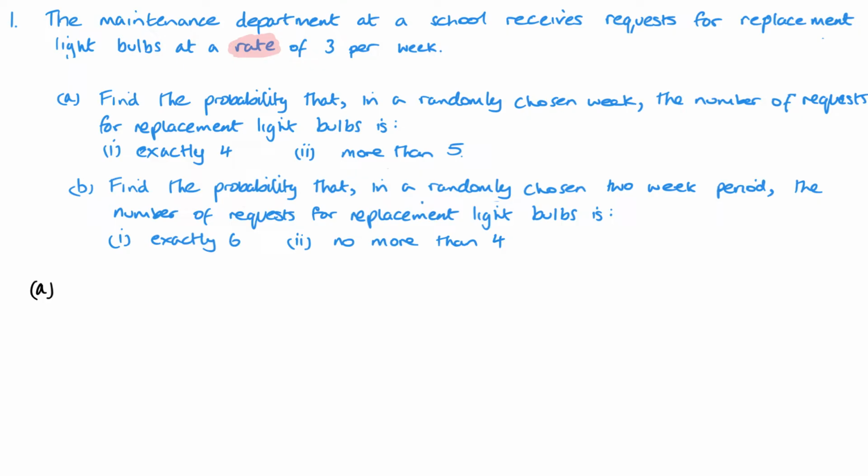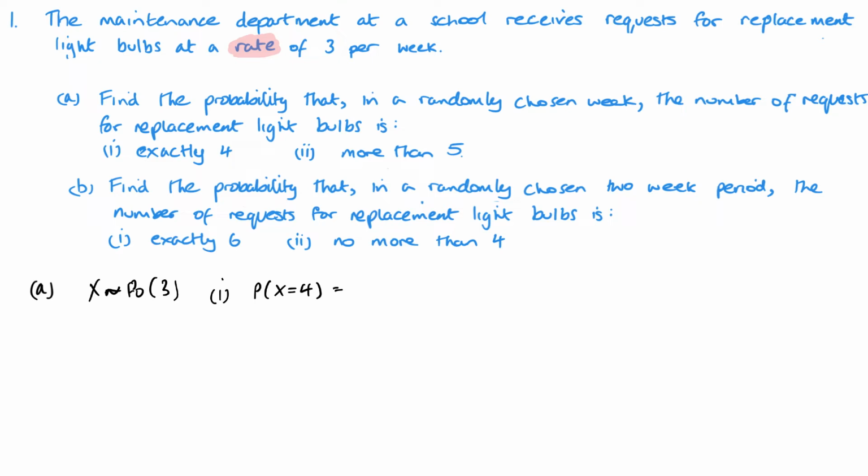Now, for part A here, we can see that in a randomly chosen week, the number of requests is exactly 4 and more than 5. So we are looking at Poisson for 3, and for part 1 we're looking at when x equals 4.